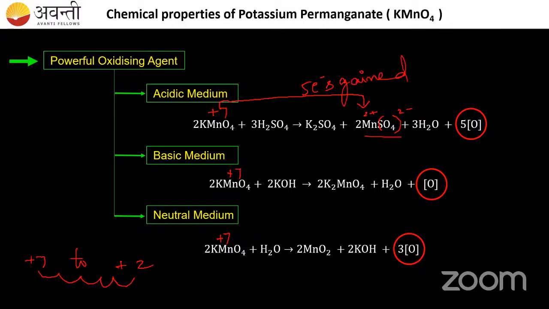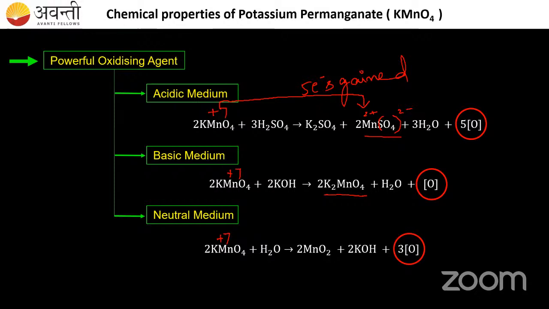So what about K2MnO4? What is the oxidation state of manganese? Just now we have calculated, no? K2MnO4 is the manganate ion. Very good, it is +6.